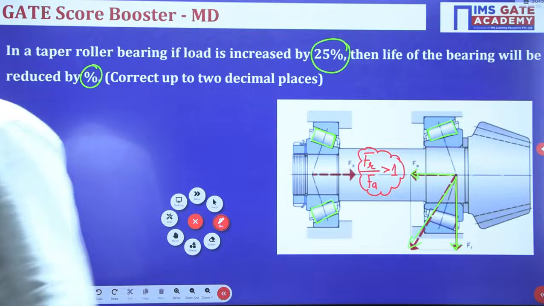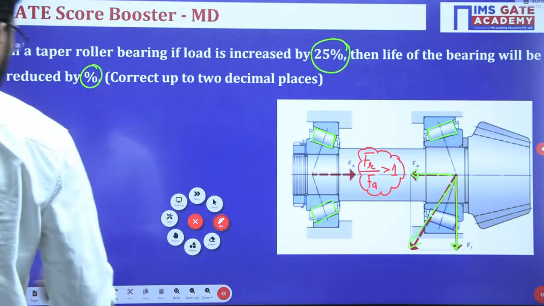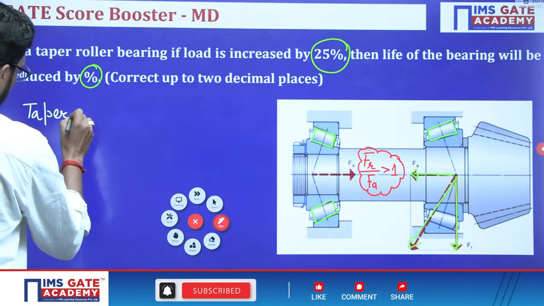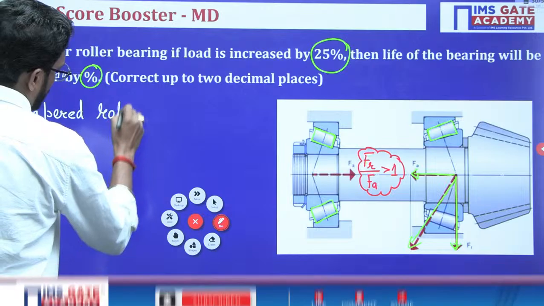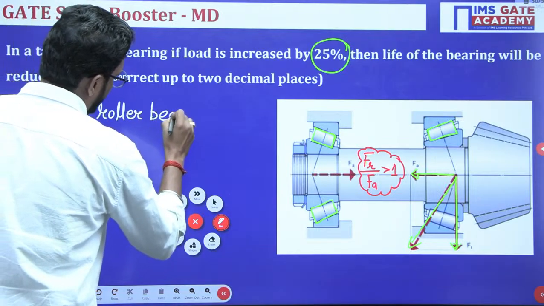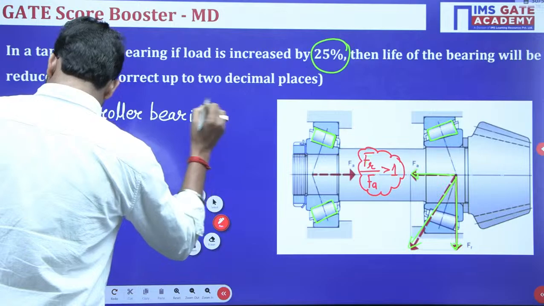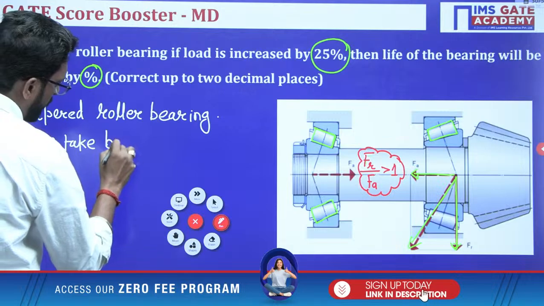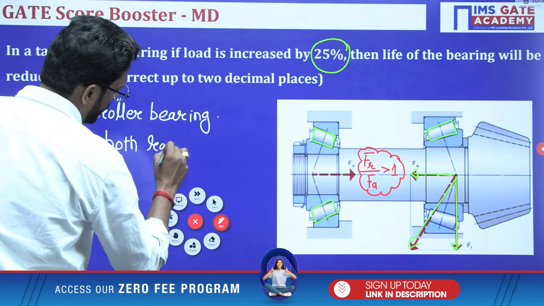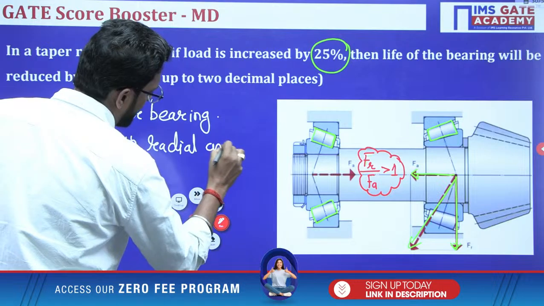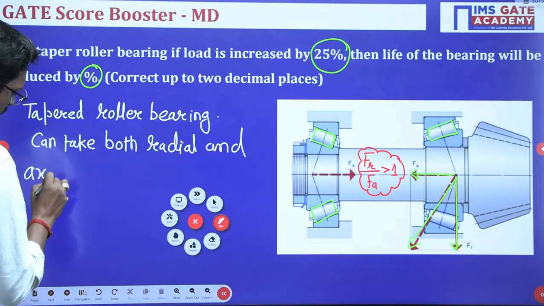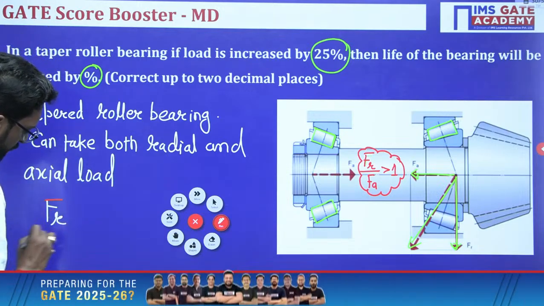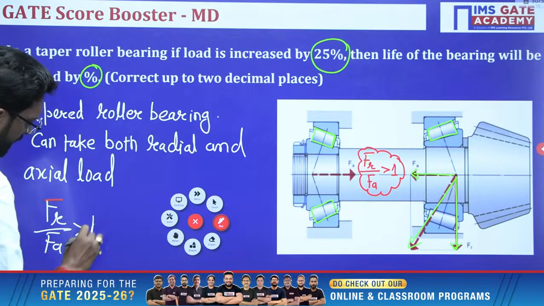Now, we will start this problem. As we know, a tapered roller bearing can take both radial and axial load, and the ratio of radial load divided by axial load is always greater than 1.